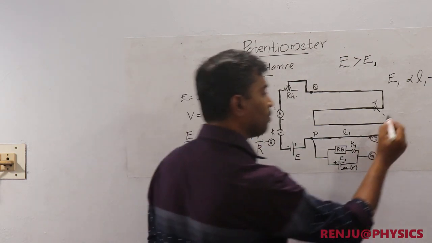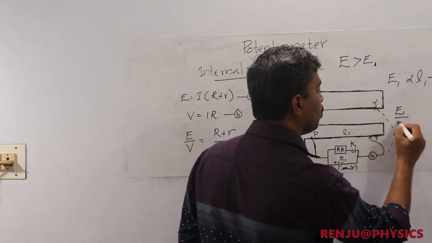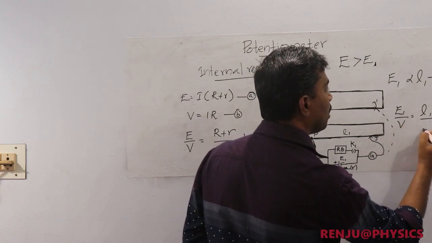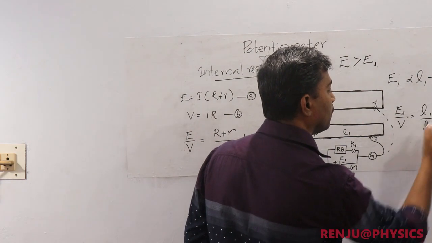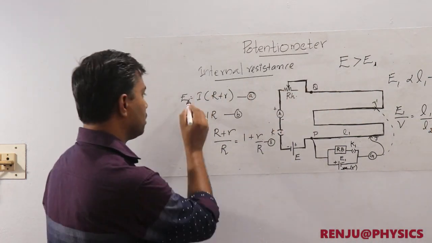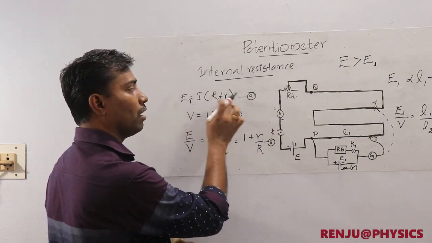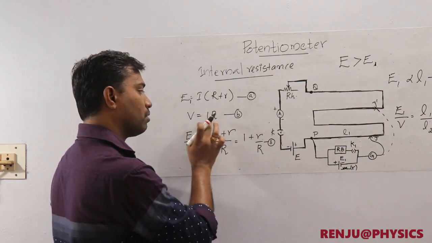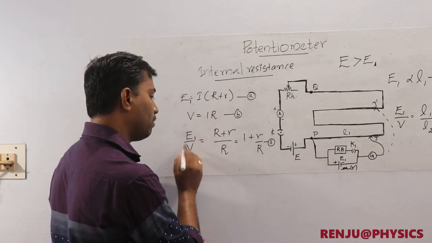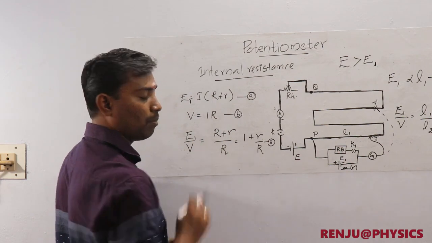But we know that E1 by V is equal to L1 by L2. This is E1 actually: E1 is equal to I into R plus r and V is equal to I into R. So we get E1 by V is equal to 1 plus r by R.